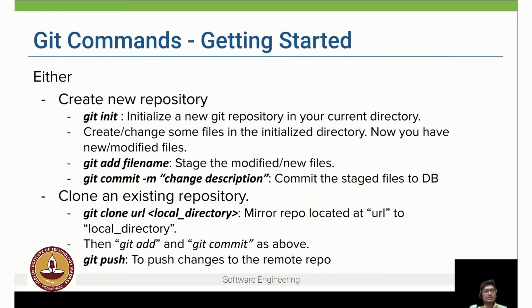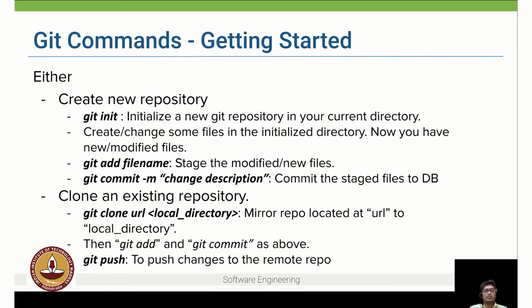Now let's see the commands to do these. Firstly, you have two ways. First is that you create an entirely new repository. For that, the command is git init. This will initialize a new Git repository in whatever current working directory you are in. After that, you add some files in the initialized directory.